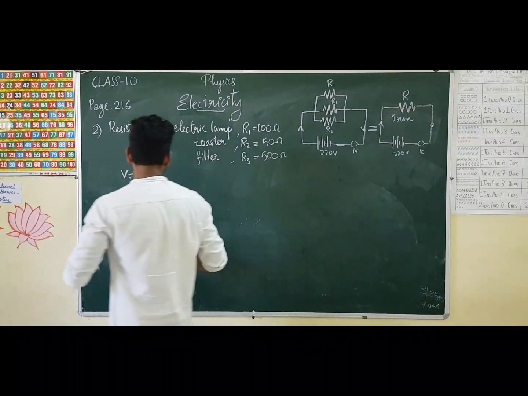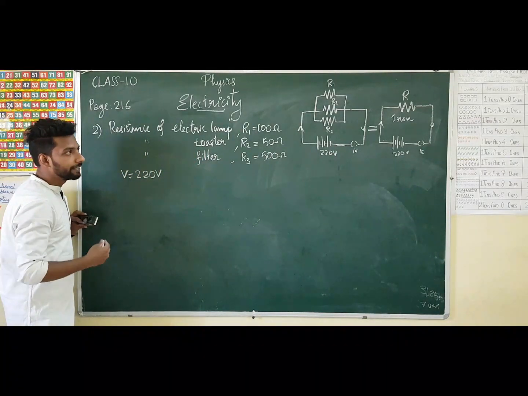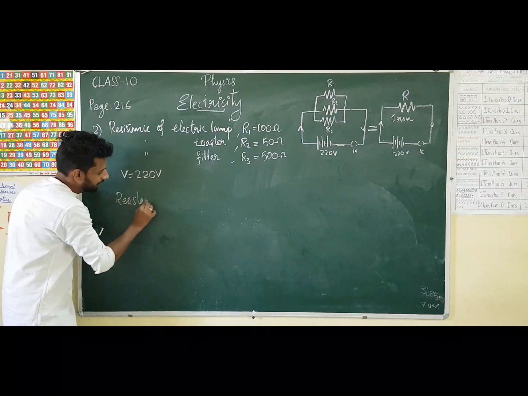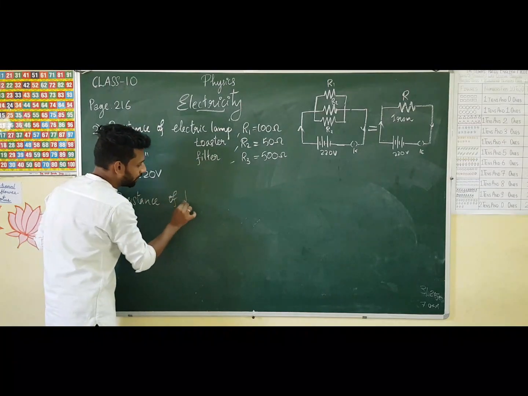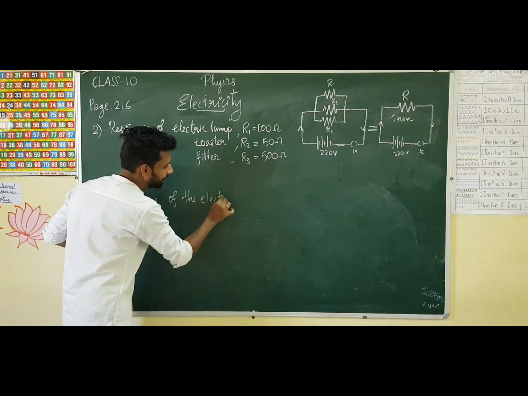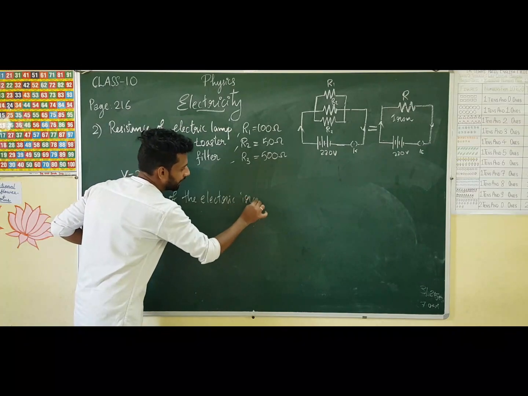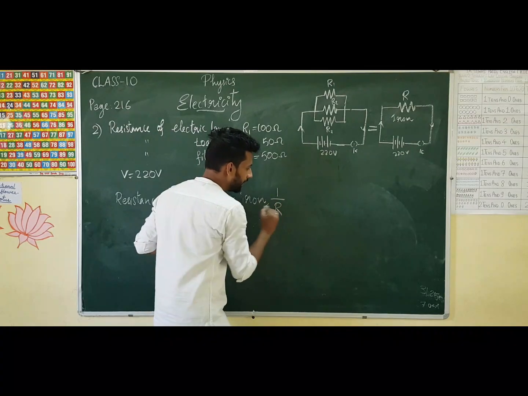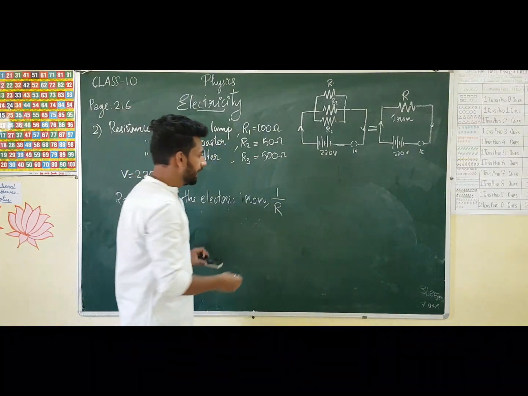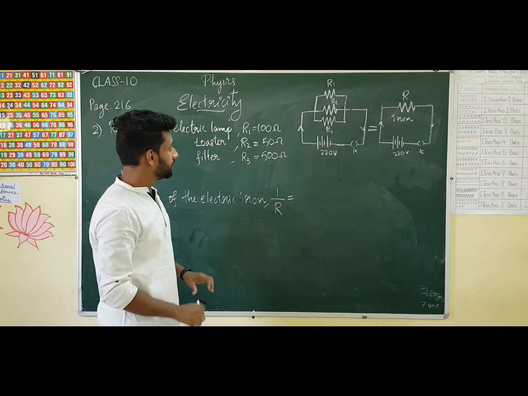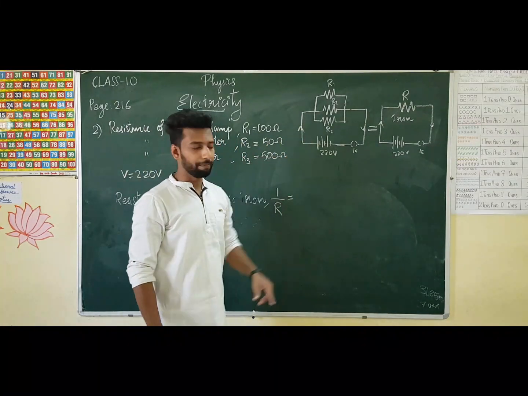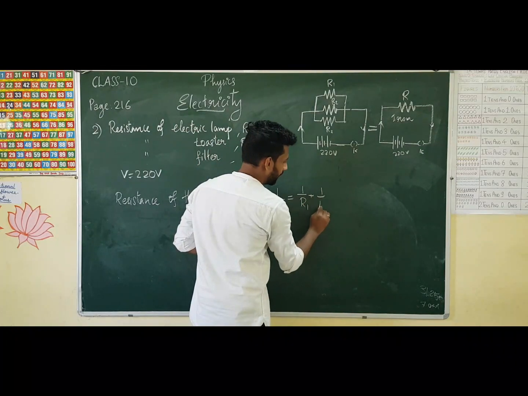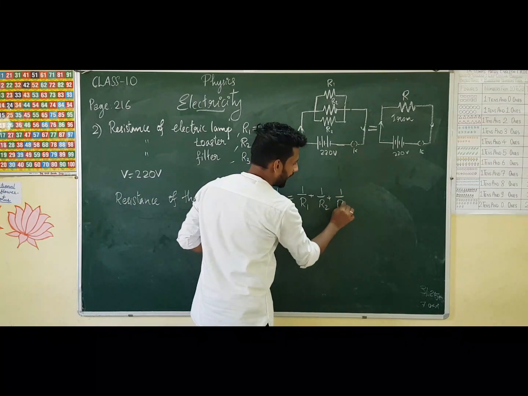Let's see. First we have to find the resistance of the electric iron. This resistance of the electric iron is represented by 1 by R, the total resistance. That will be equal to the resistance of the parallel combination of these three appliances. So 1 by R will be equal to 1 by R1 plus 1 by R2 plus 1 by R3.